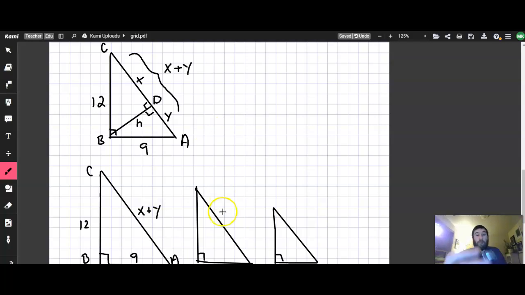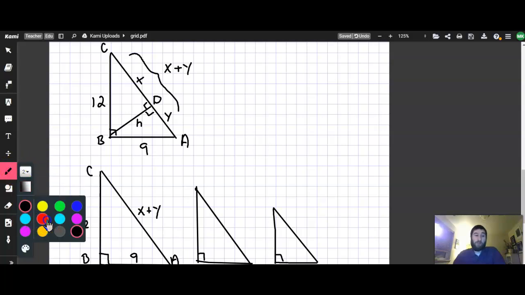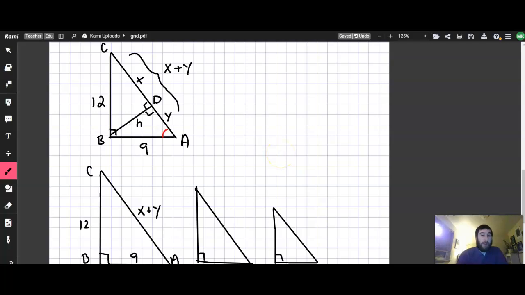So let's apply this to the middle one now. Remember, ladies and gentlemen, we have to think about angles. So we're looking at angle A. Here's where I'm going to use some color to help track my angles. So this is the red angle, which means this is its complementary blue angle. Things have to add up to 90 degrees, right?